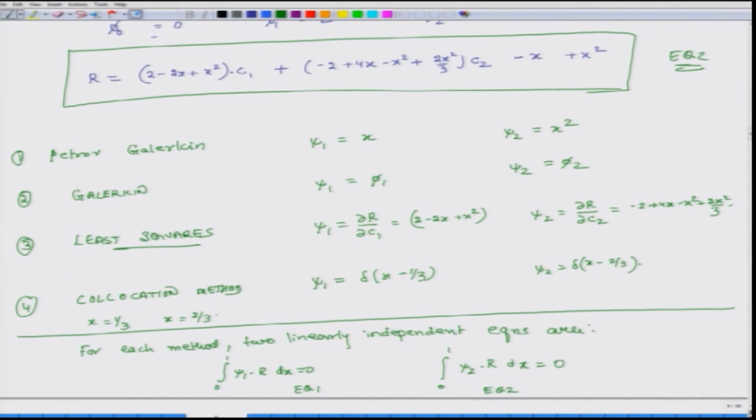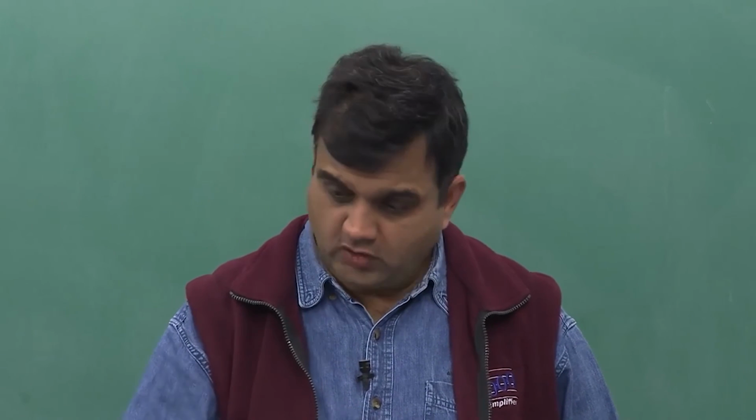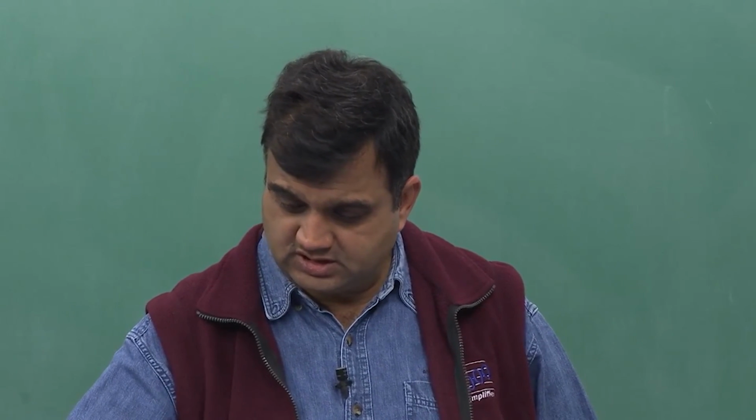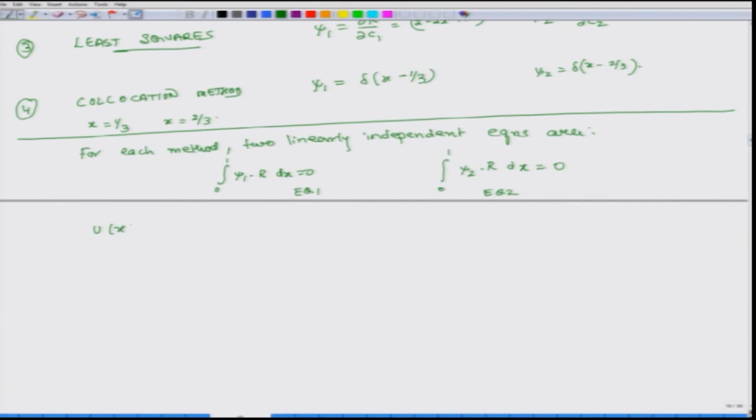Okay. So, I get two equations for each method and I have two unknowns C1 and C2, and in this case it is a linear system. So, they are linear simultaneous equations. I can solve them and calculate the values of C's. Once the C's are there, I get a solution u(x) of something like this.